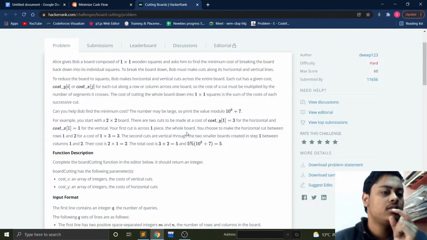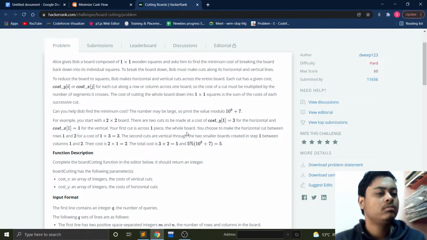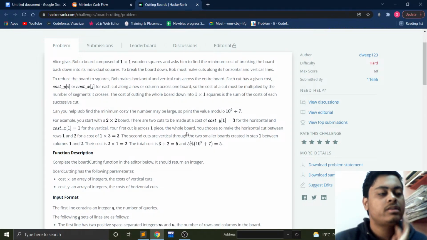Okay, a board is the 1 x 1 section. Cost of cut must be multiplied by the number of segments it crosses.